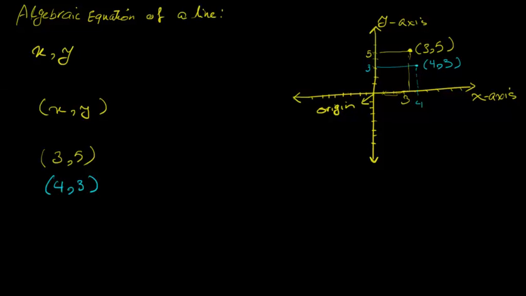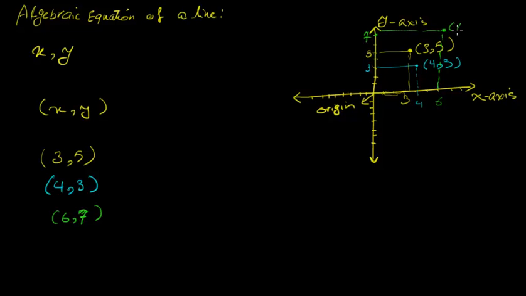Let's say we have 6 and 7. It says that we have to move 6 units in the direction of x and 7 units in the direction of y. So this is 4, 5, 6. This is our 6. And 1, 2, 3, 4, 5, 6, 7. This is our 7. So we move in that direction.